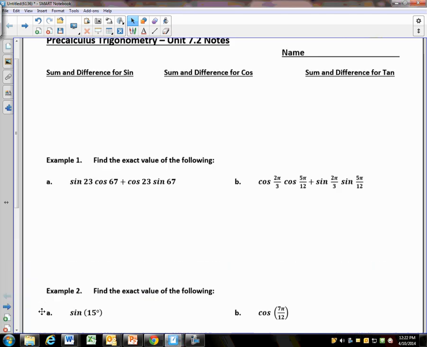So if we flip back to our notes, we have these sum and difference formulas, and they go like this.